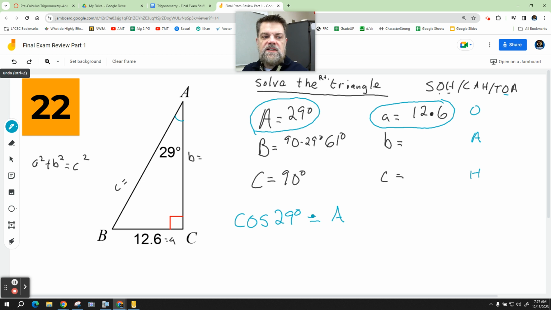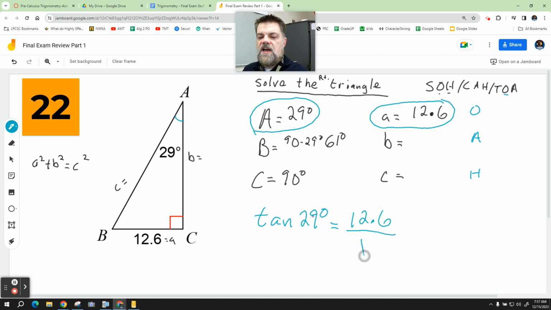So because I need tangent, I'm going to change this to tangent of 29. So I'll say tangent of 29 degrees is equal to the opposite, which is 12.6, over the adjacent, which is actually lowercase b.